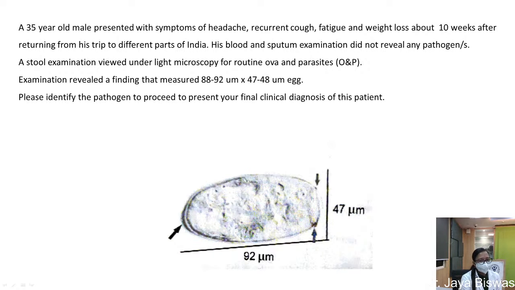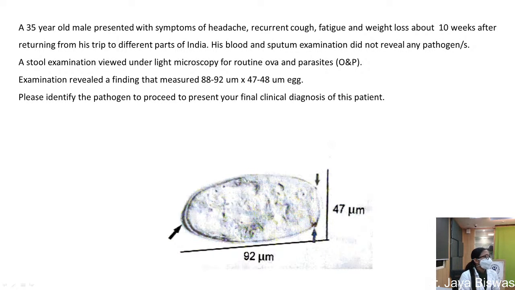This kind of study I am not able to see yet, but sputum will be positive in 80 to 90% of cases, but stool will be positive in just 60% of these patients. Because if the patient is an adult, they are not swallowing their sputum, so the stool sample will not be positive for these kinds of eggs every time.